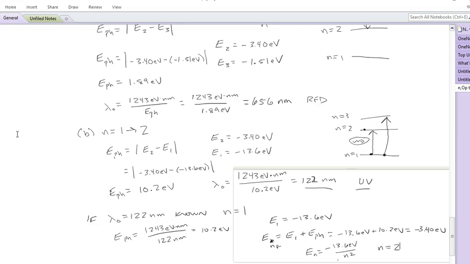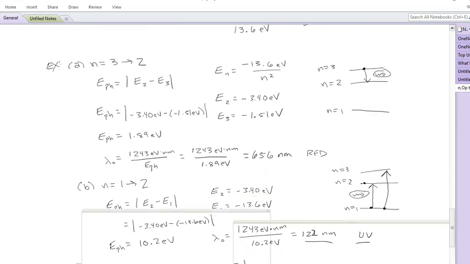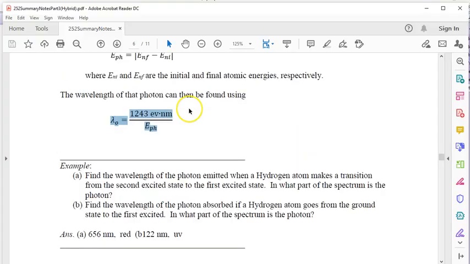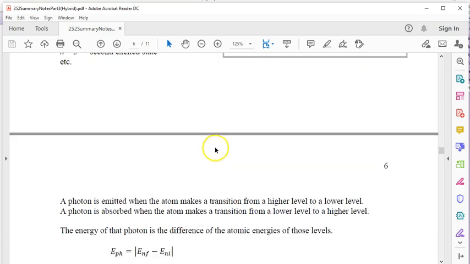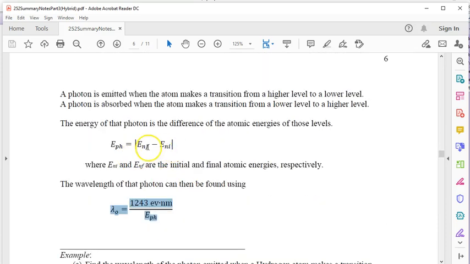You'll know the final atomic energy, and then you can figure out the quantum number n. Okay? All variations of using this atomic energy formula and the fact that the difference of atomic energies' absolute value is the photon energy. And of course, the relationship between photon energy and its wavelength.